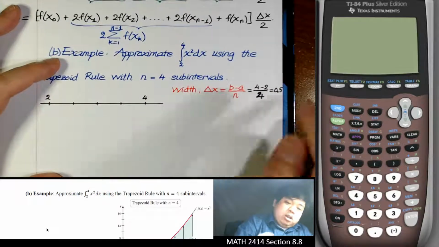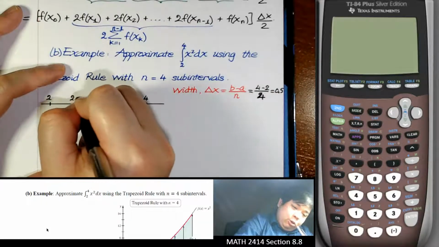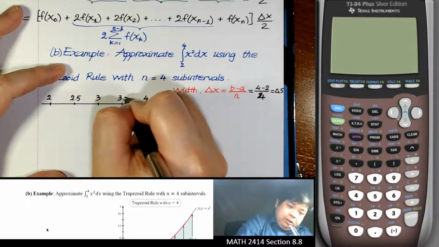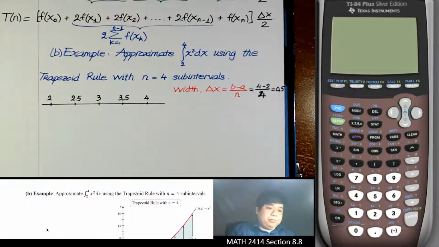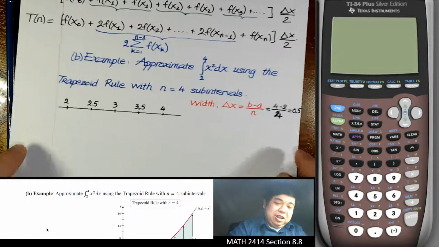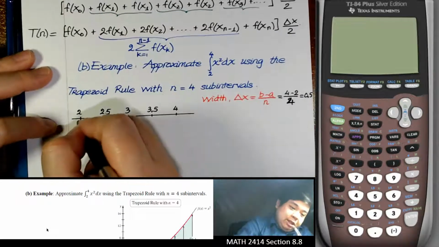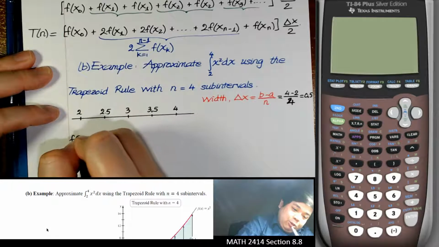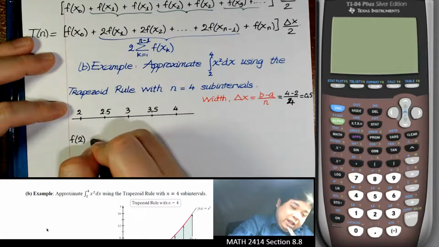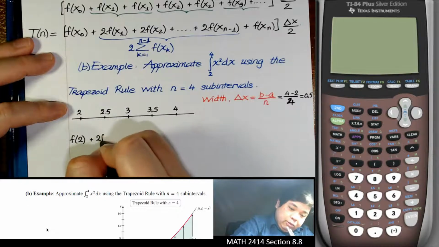The width is 0.5, so we have 2 to 2.5, 3, and 3.5. So those are the points. And then the trapezoid rule says 1 from the beginning, 1 at the end, everything in the middle we have 2. So if we write the rule, it's going to be f of 2, 1 point on the left and 1 point on the right. Everything in the middle, there are 2 of them.